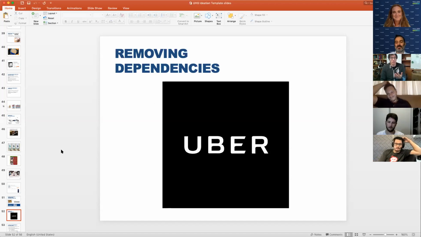But it can also give you Uber and Airbnb and all these other Uber-like companies, right? By saying, wait a second, if I just remove this dependency, voila, there I go, right? What is remote work? It removes the dependency between the employee and the location, right?